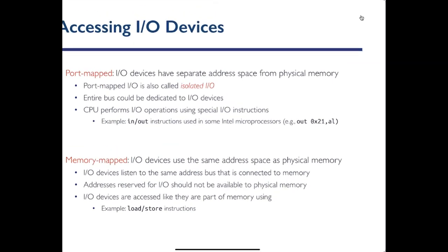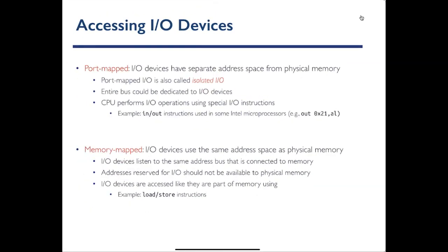In particular, if you send out 0x21, AL, this means that you want to write the register here in this particular address, and because you're using out, we know that this request is going to be sent on the IO bus.